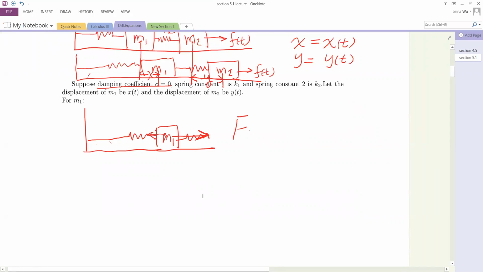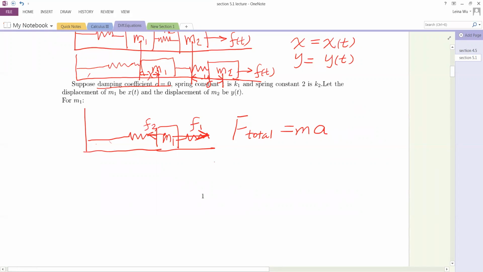So total force, F equals m a. Remember this from physics? All right, so total force. For this m1, there are two forces imposed on it. This is the first force, F1. This is the second force, F2.